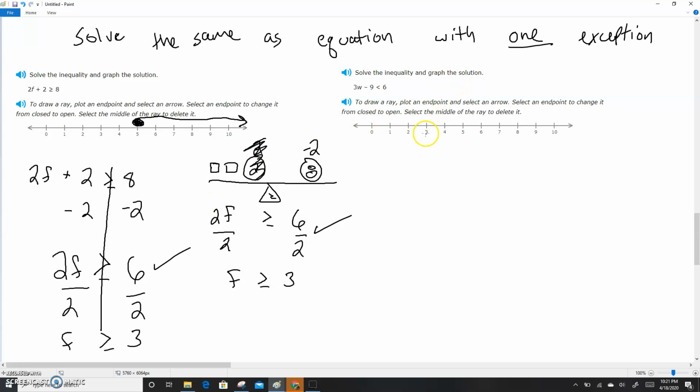Let's take a look at this over here. We have 3w minus 9 is less than 6. Let's try the balance first. In my fulcrum here, the thing that a balance rests on, or a lever rests on, is called a fulcrum. I'm going to put in my less than sign. And I've got a 6 over here, and a 3w over here.